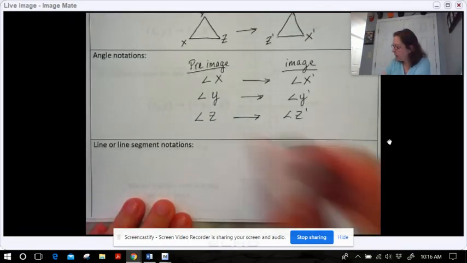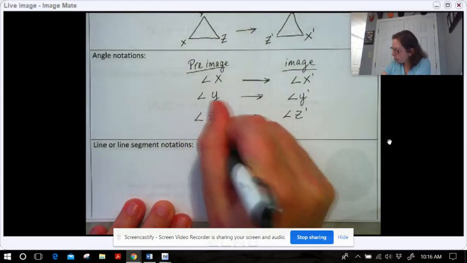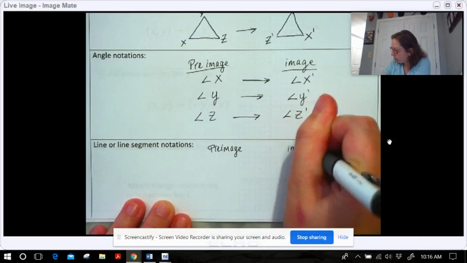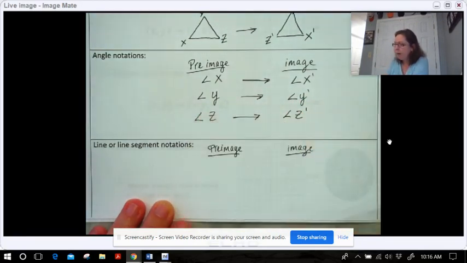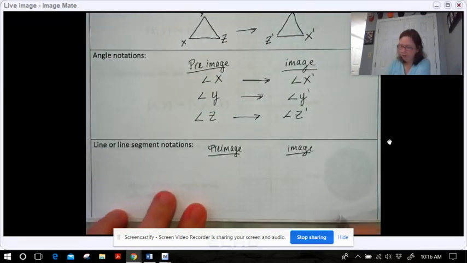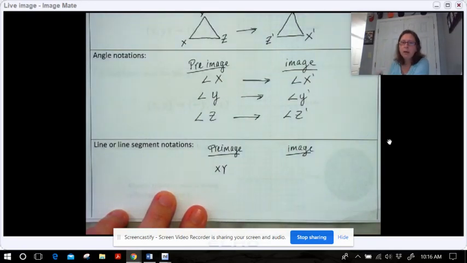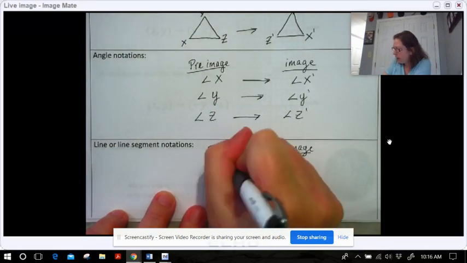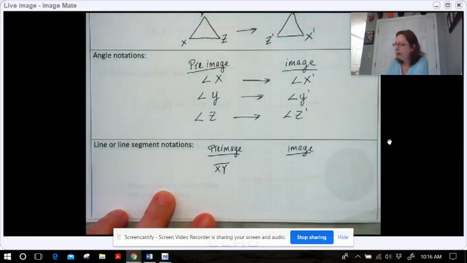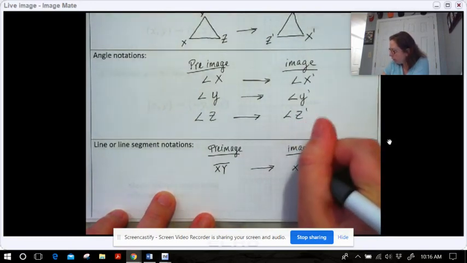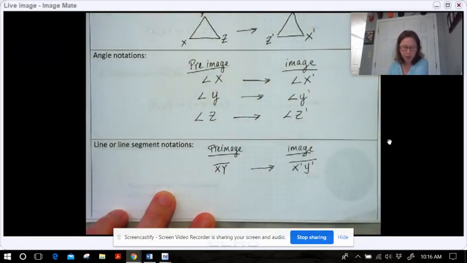So I still have my pre-image and my image, but when I am talking about the line segments of the sides of my triangle, I'm going to have side XY, and the way that I show that this is a side of a triangle is I put this little line above it, okay? And that's going to map to X prime, Y prime with the bar still over it.